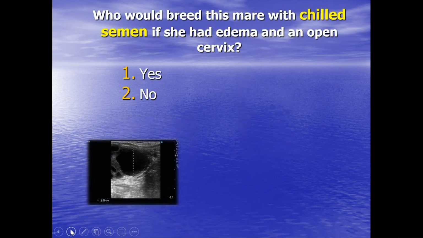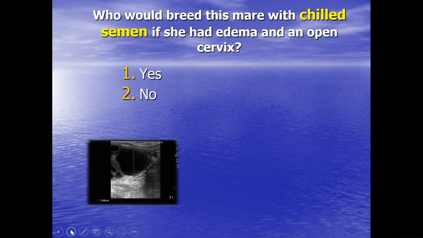Now, this is a different situation. We're now going to say we're breeding the mare with chilled semen. And I don't know where you're watching or listening to this, but we're based in the United Kingdom. For us, if we order chilled semen, say 10, 11 o'clock in the morning of Tuesday, we'll get the semen Wednesday morning.